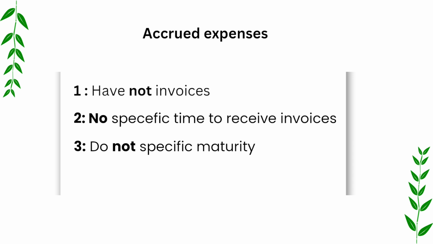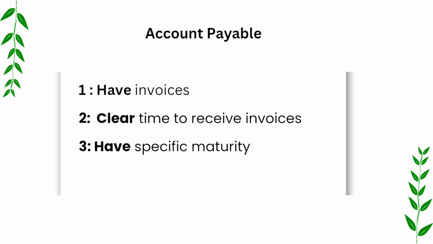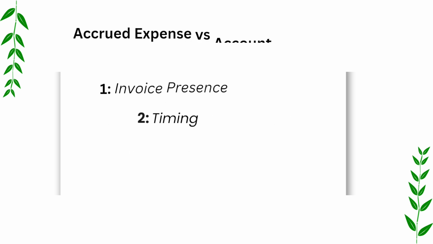And these transactions are going to be paid when the invoice is received. Also, it doesn't have a specific date of payment. The second one is account payable, which covers all debts for goods and services for which the invoices have been received and recorded and have a specific maturity date, unlike the accrued expenses.